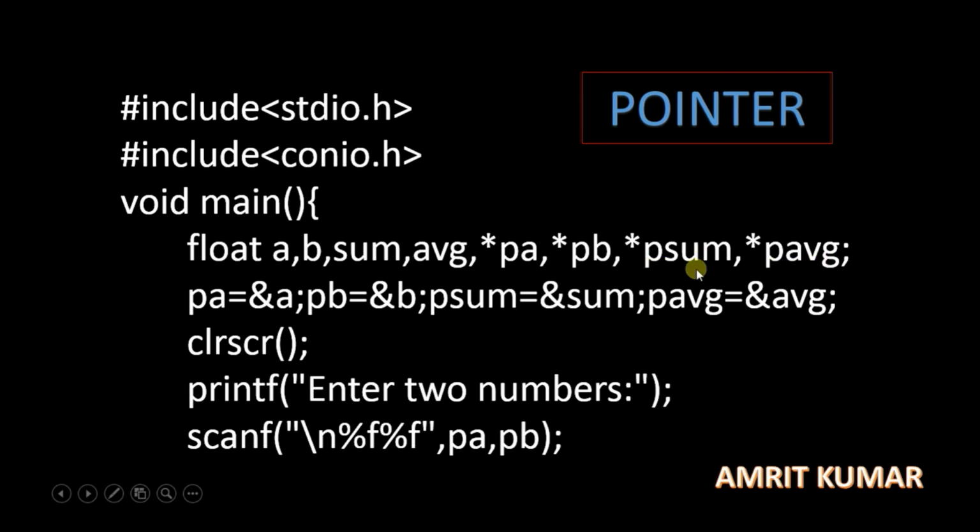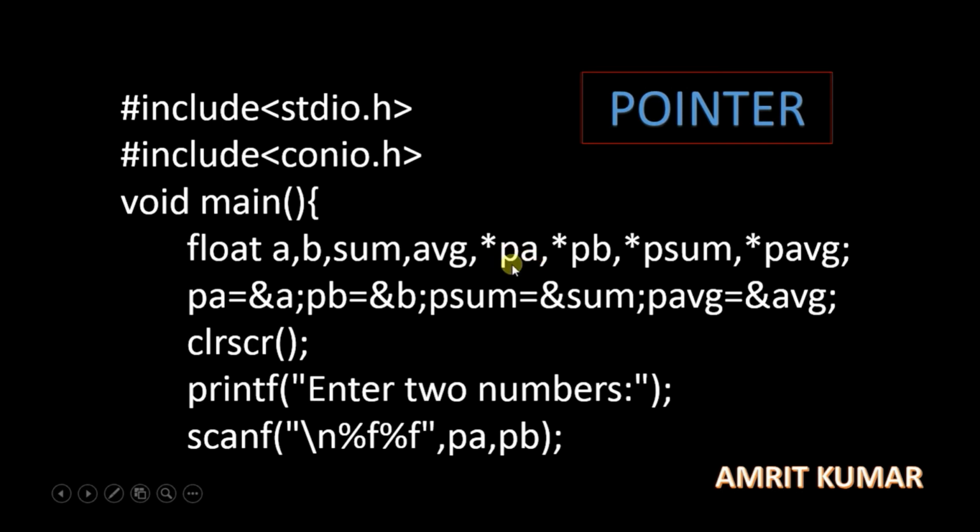I am giving similar names so that you will find the similarity between them. I am giving a variable a, so I give a pointer pa for that variable a.